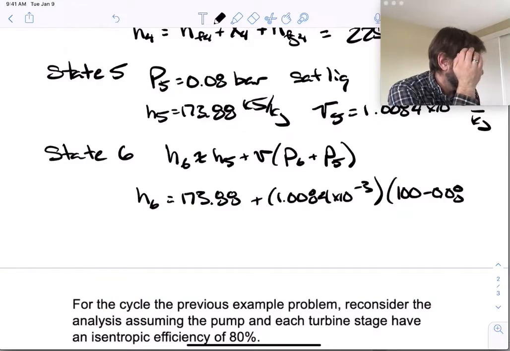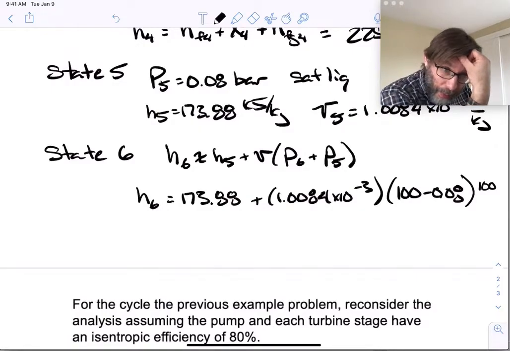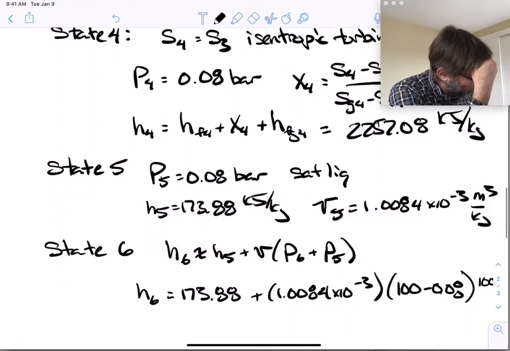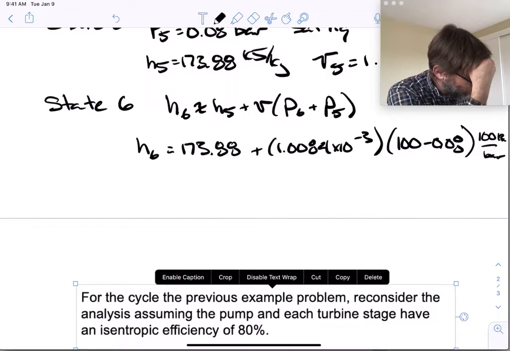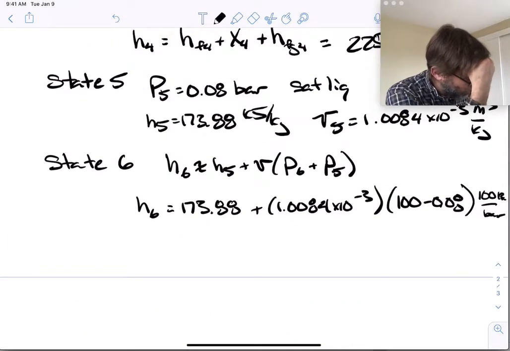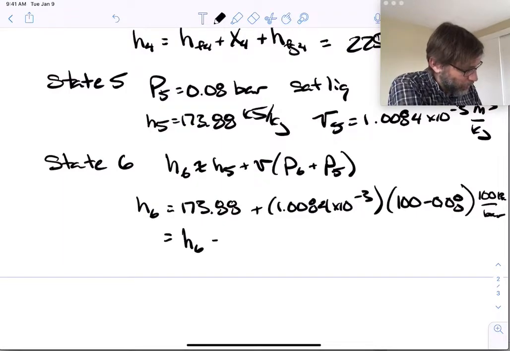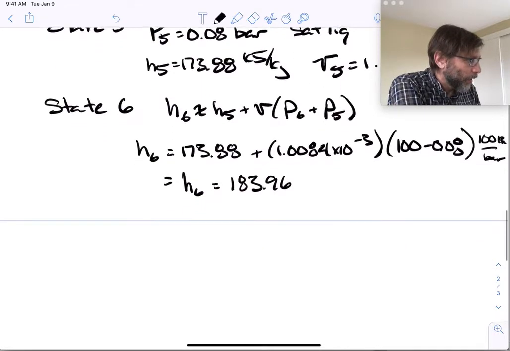And I believe we need a 100 in here because we're going from bar to kilopascal, there's 100 kPa per bar. Oh, this is my second example that I want to do, so I'll move that down. Okay, so then H6 is equal to 183.96, and that's all we need.